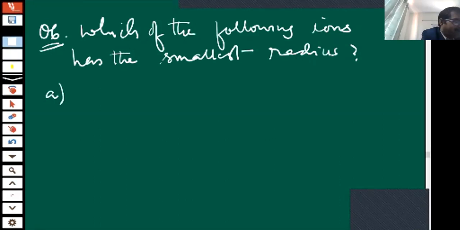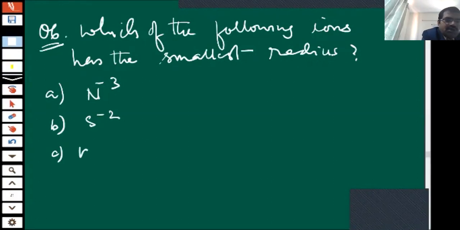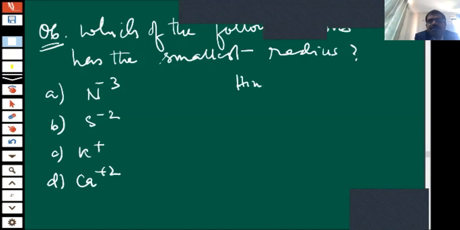Option A: N minus 3, option B: S minus 2, option C: K plus, and option D: Ca plus 2. Come on, solve it. For the smallest radius, children, you have to find out whether their periods are the same, or whether they are from the same groups. Everything you have to understand.